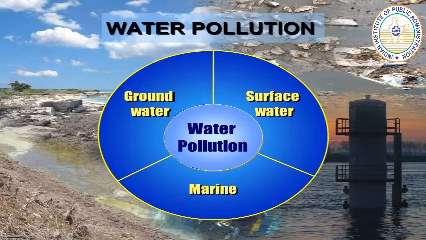When the rain falls and seeps deep into the earth, filling the cracks, crevices and porous spaces of an aquifer, it becomes groundwater. The groundwater source is one of the least visible but the most important natural resources. The different types of water pollution which are discussed are groundwater, surface water and marine pollution.